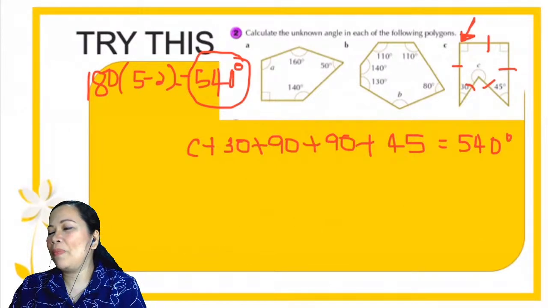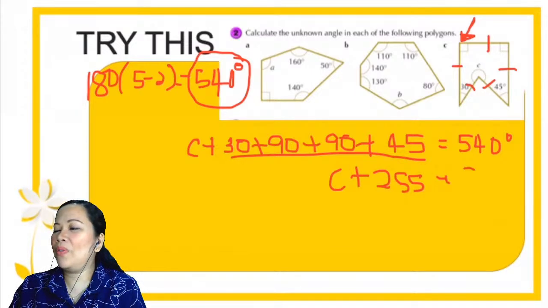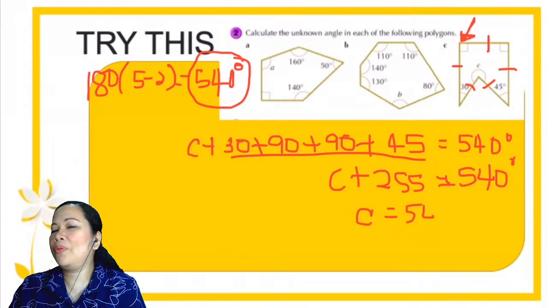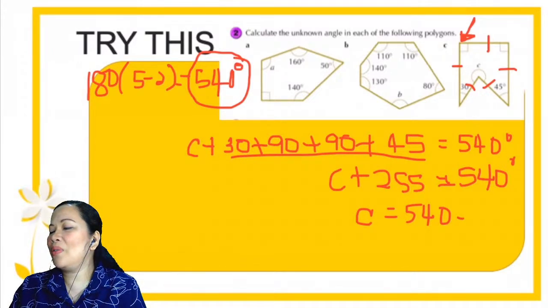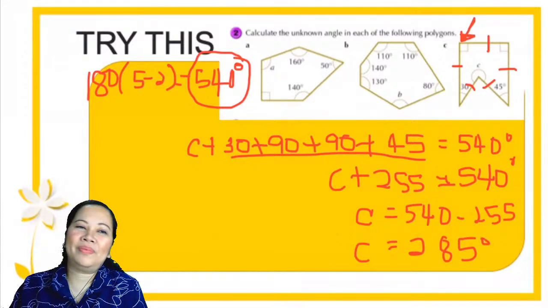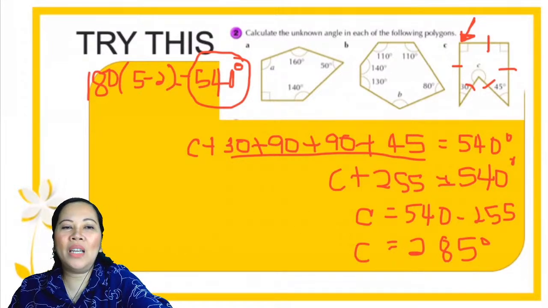So C plus 255 equals 540. So C is 540 minus 255. C is 285. Yes, that's correct. Well done.